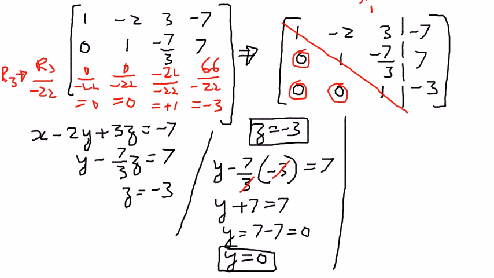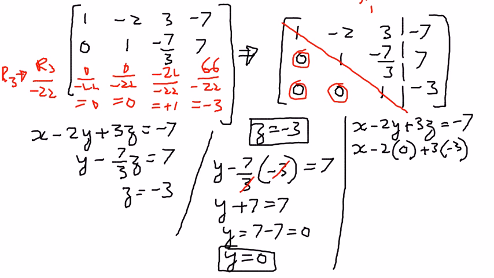And then we want to find the value of x. So we go back to the first equation: x minus 2y plus 3z is equal to negative 7. x minus 2 times 0 plus 3 times negative 3 is equal to negative 7.